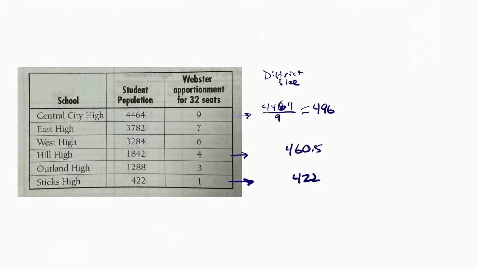I know I didn't do all of them, but let's just pretend that I did, and that this was the biggest, this is the smallest district size. It would minimize the absolute difference. So here it's a difference of 74. So the absolute difference there is 74.